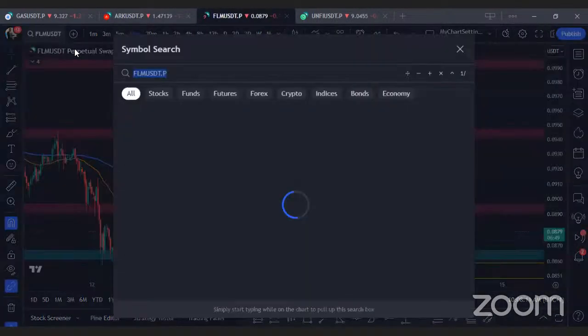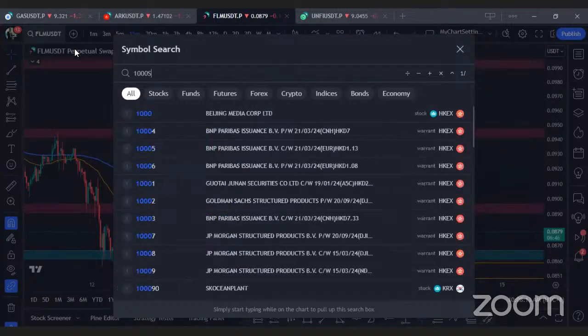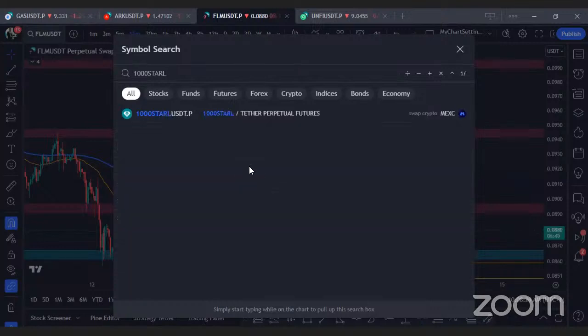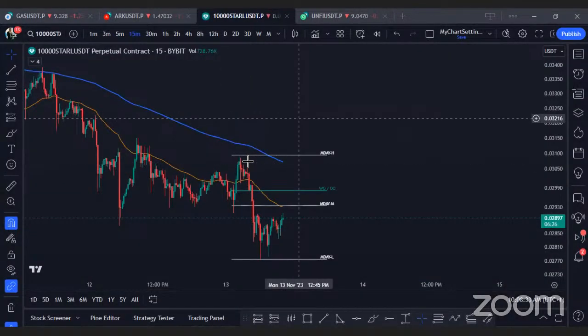And then some of these tokens that wake up and pump, like this one here. All of a sudden, the stuff is not moving. It's just there.